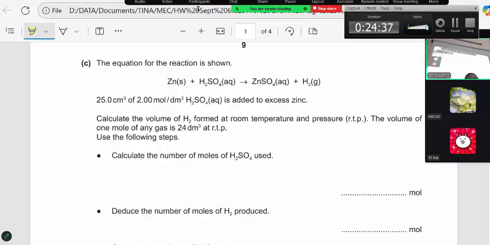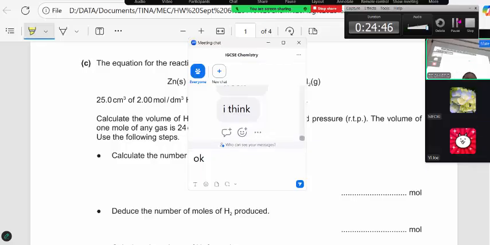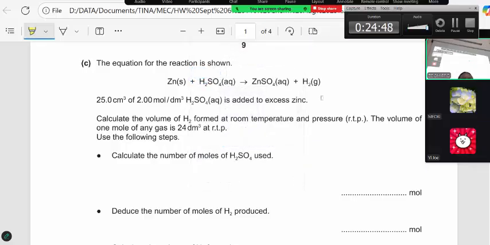Find the answer. Faster, faster. Where are your notes?